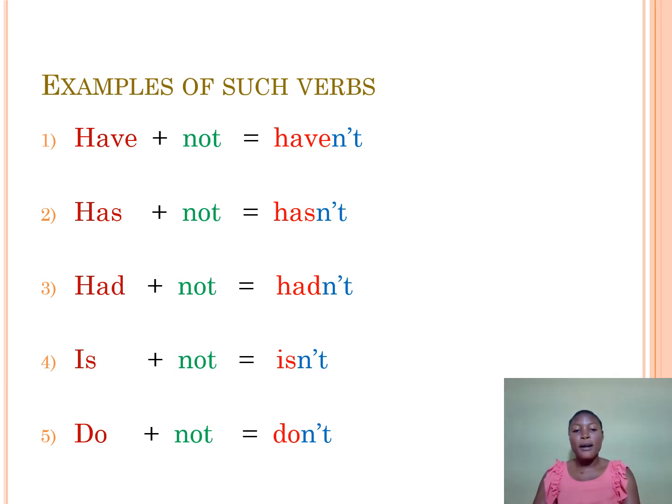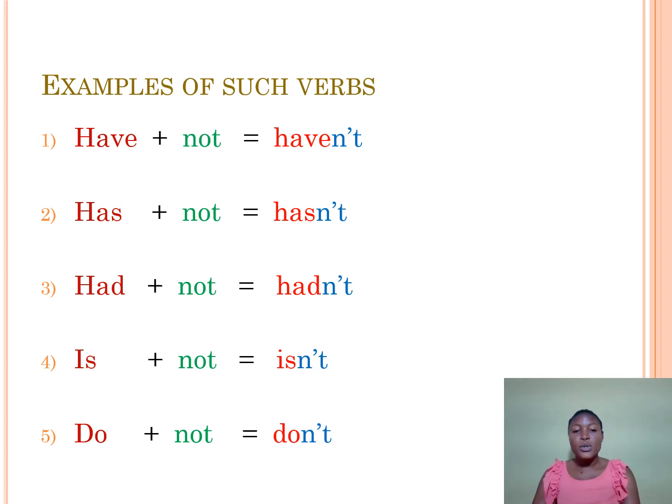We have number 1, have. Number 2, has. 3, had. 4, is. 5, do. Now, in addition to all these verbs, you see that they added N-O-T, not.